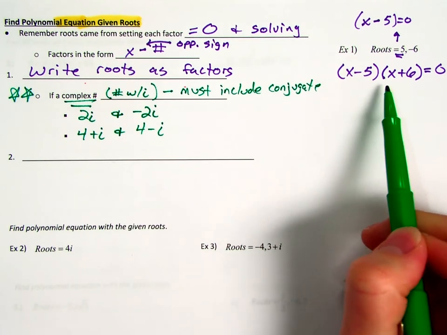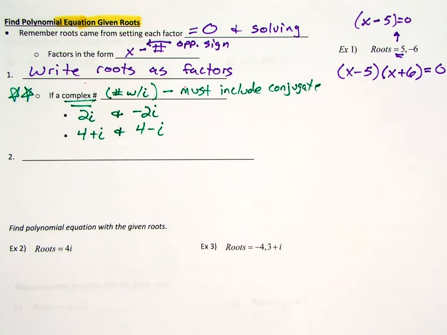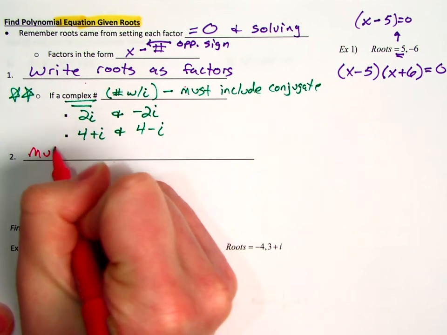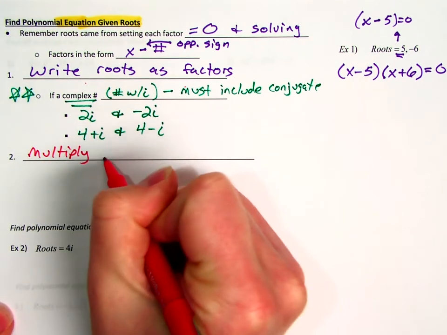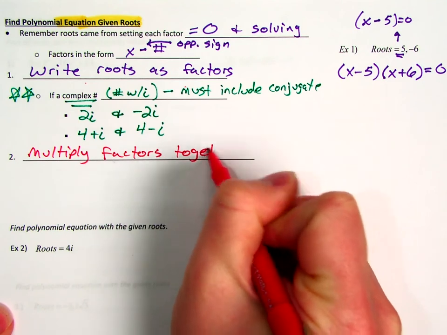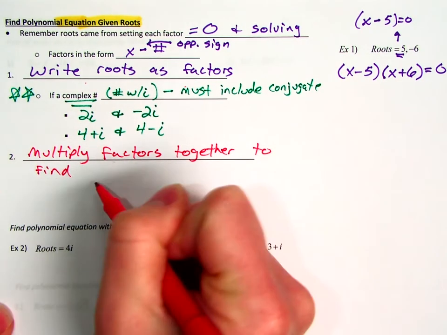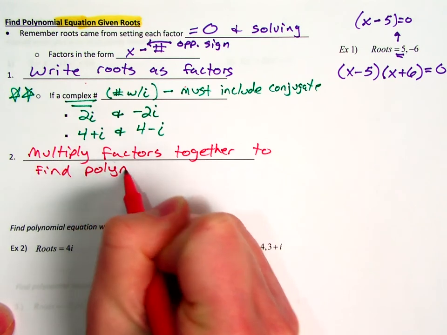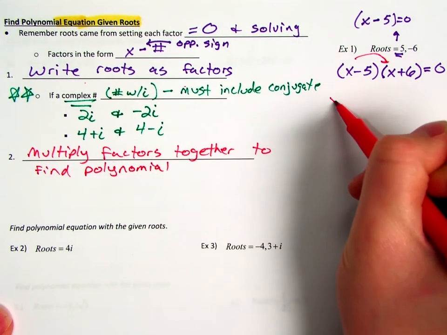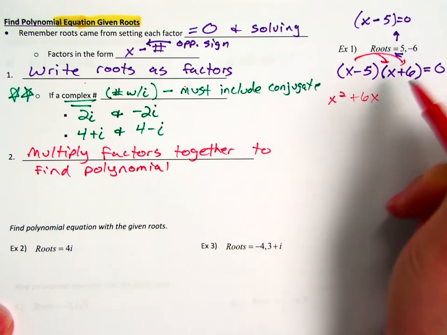Now that we've got ours set up with the factors, the last step is to multiply the factors together to find the polynomial. That means distributing. So x times x is x squared. x times positive 6 is positive 6x.